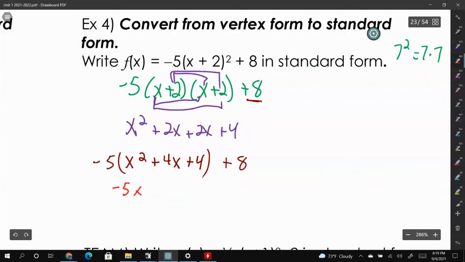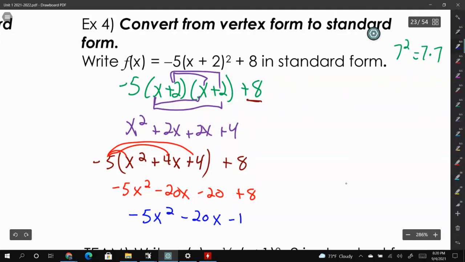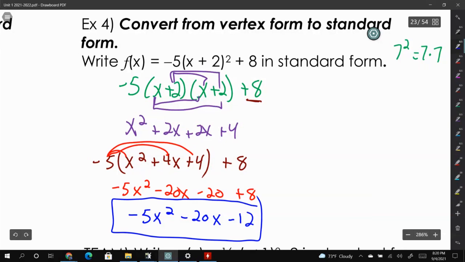So then we have -5x squared minus 20x, because again we're distributing this, minus 20 plus 8. That will finally simplify down to -5x squared minus 20x minus 12, and there is our final answer in standard form. So please do not fall in the trap of distributing this. That will give you the completely wrong answer.